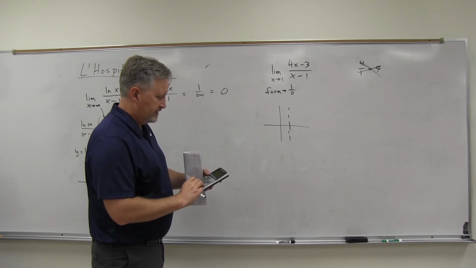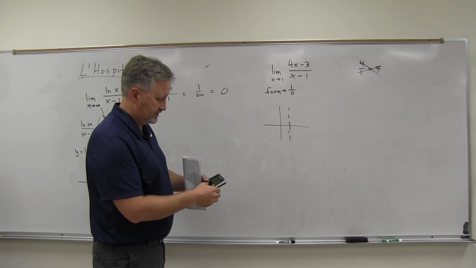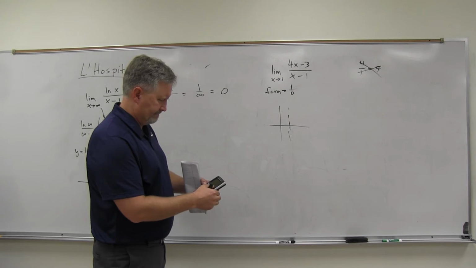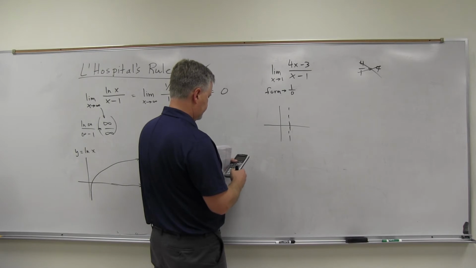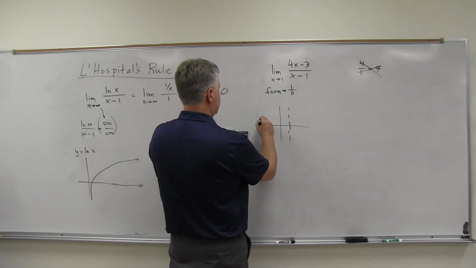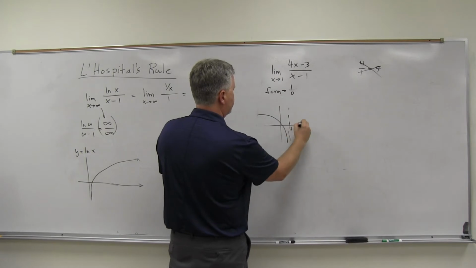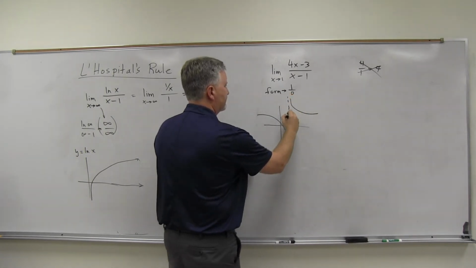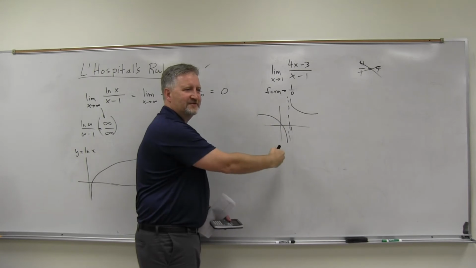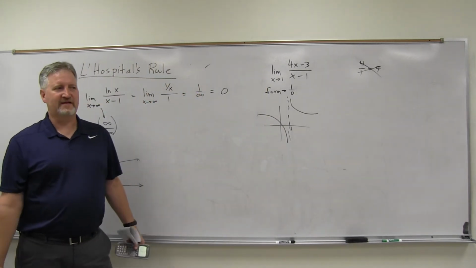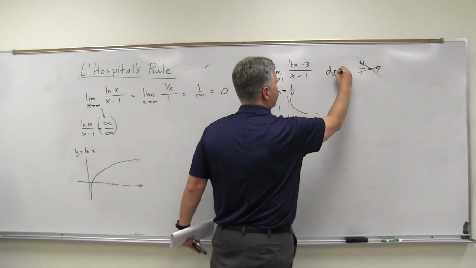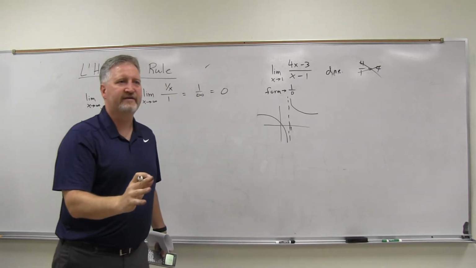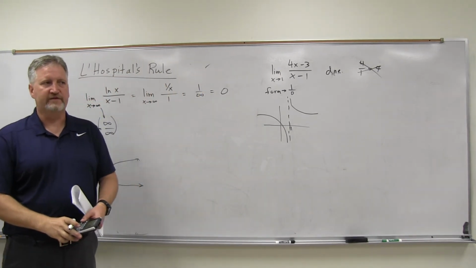That does not exist because one side goes one way and the other side goes the other. As we approach 1, one side goes to negative infinity, the other goes to positive infinity. This does not exist. If we did L'Hopital, though, it would tell us it's 4. So you can't apply it unless it's 0 over 0 or infinity over infinity. You see what I'm saying?